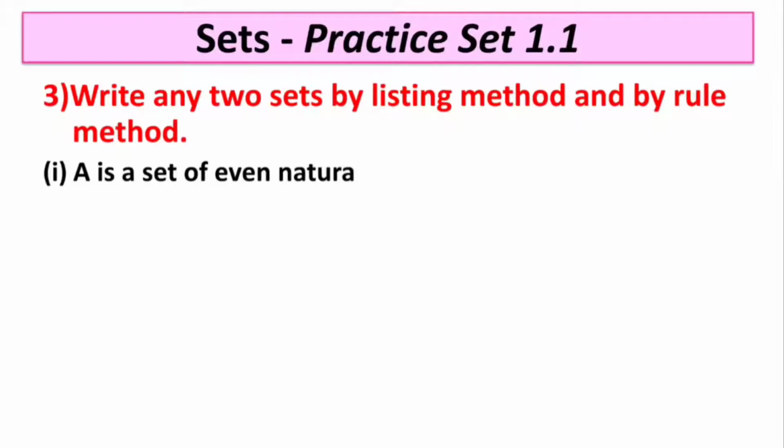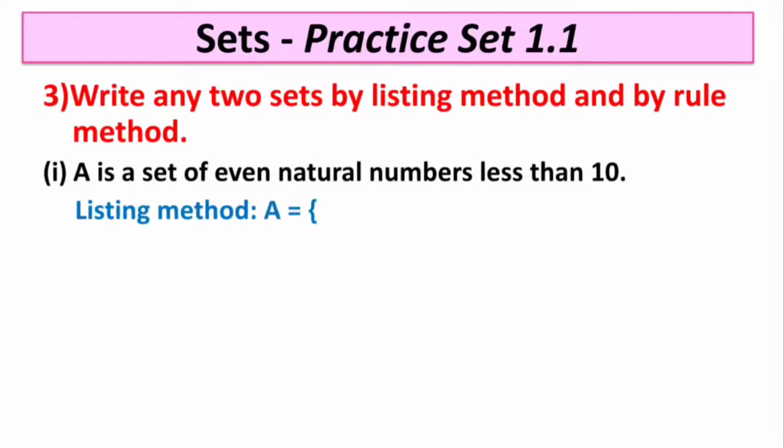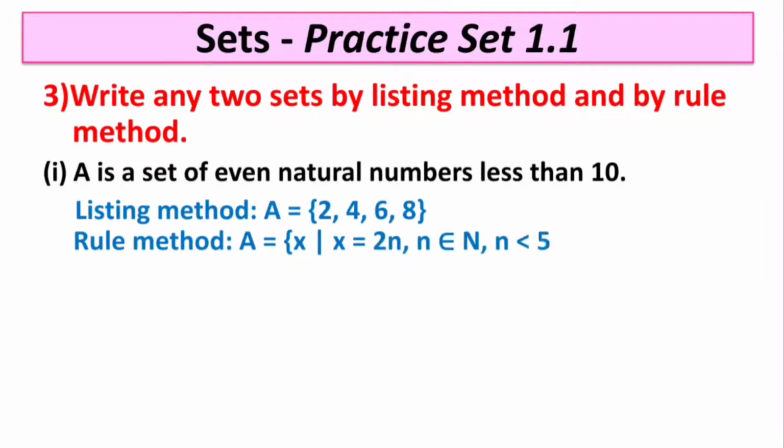Here we prefer A is the set of even natural numbers less than 10. So using listing method, A equals {2, 4, 6, 8}, as we want even natural numbers less than 10.